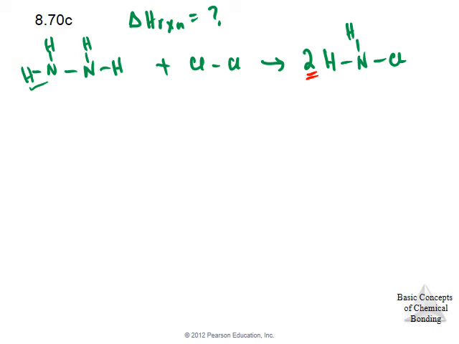Yes, because on the product side there is no NN bond. So you need to break it here. Now again, look at the table of bond energies, and you find that the energy is 163 kilojoule per mole. That you need to apply.